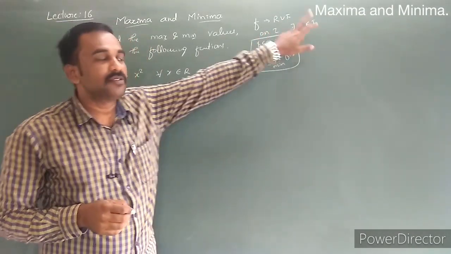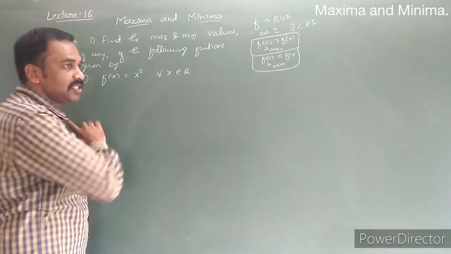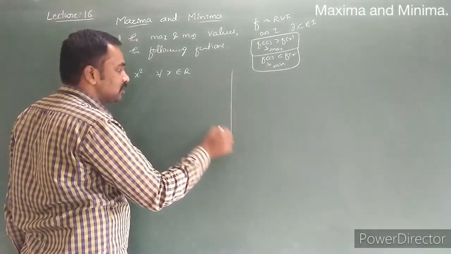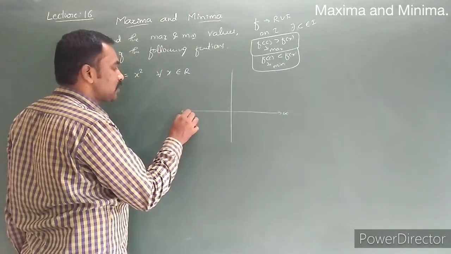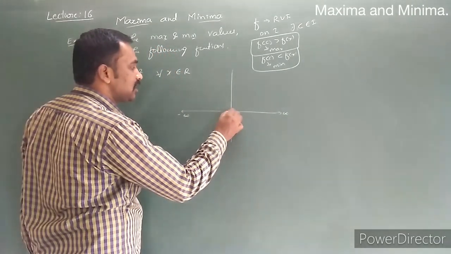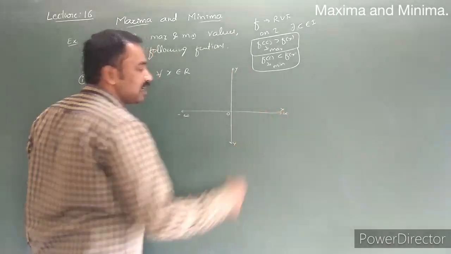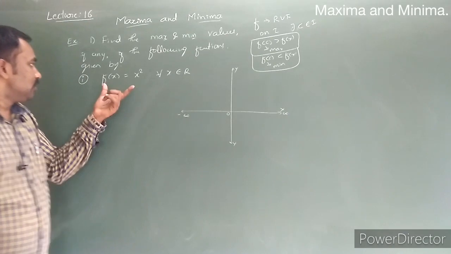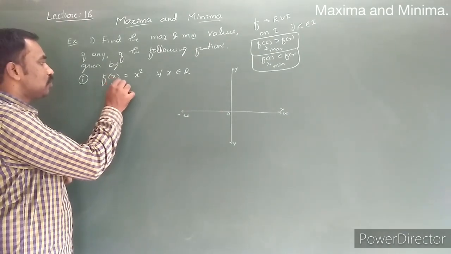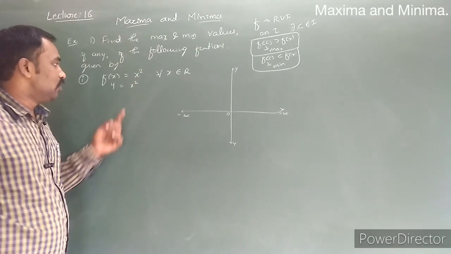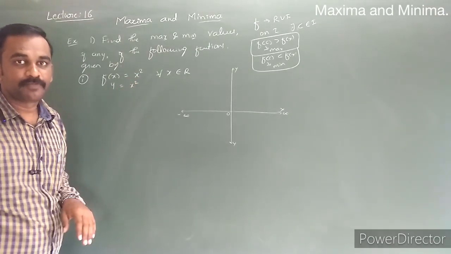Here the interval is not given, but the whole real number set is given. For example, in the xy coordinate plane, this is the x-axis with positive infinity and negative infinity, here it is 0, and this is the y-axis. We already know that f of x is equal to x square, which means y is equal to x square, or x square is equal to 4ay.